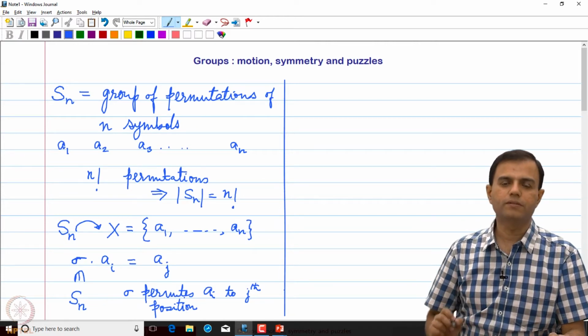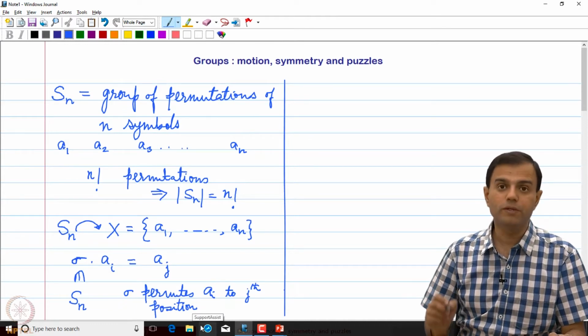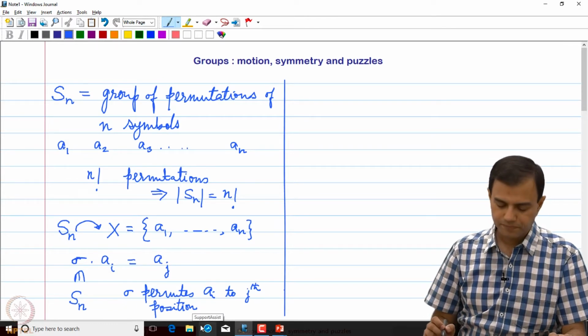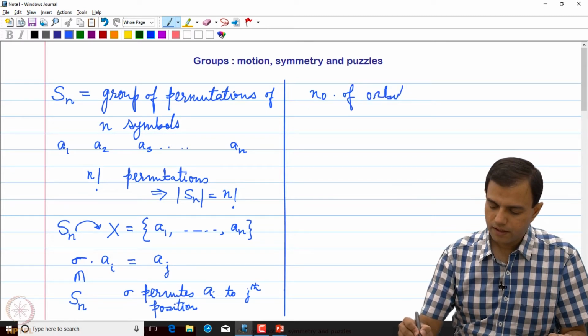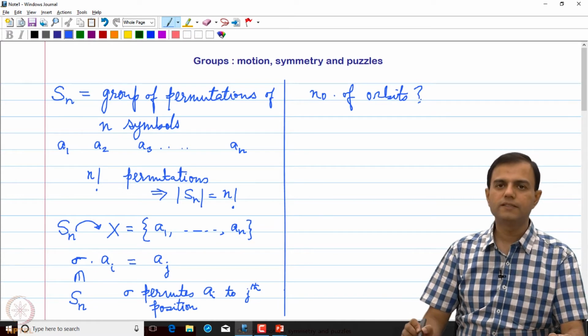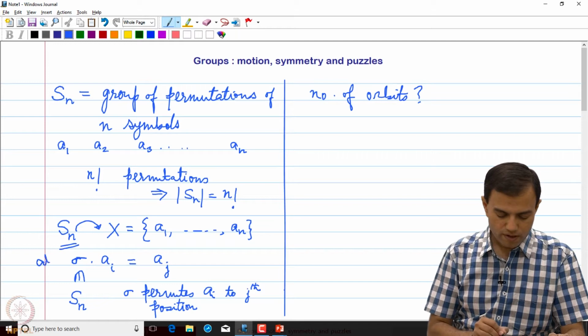Okay, so we have an action. What about the number of orbits for this action? That's not very difficult. Sn is the collection of all permutations.